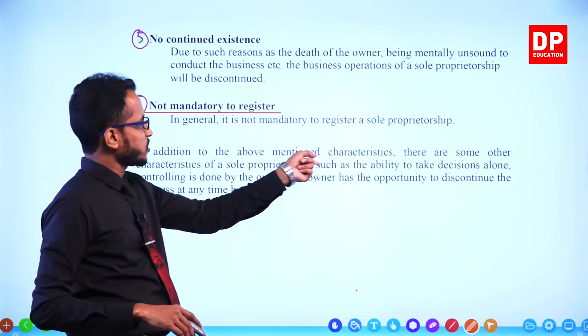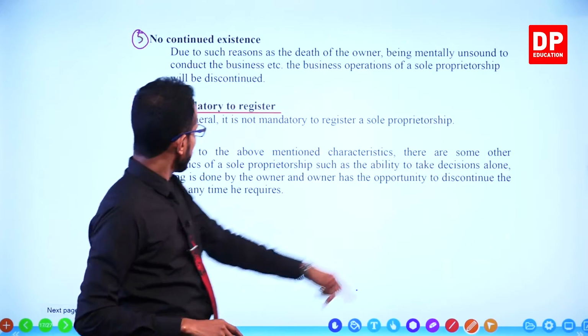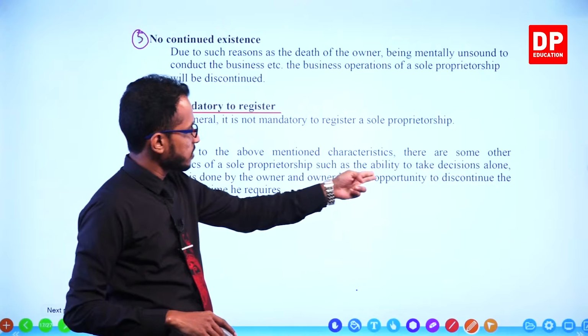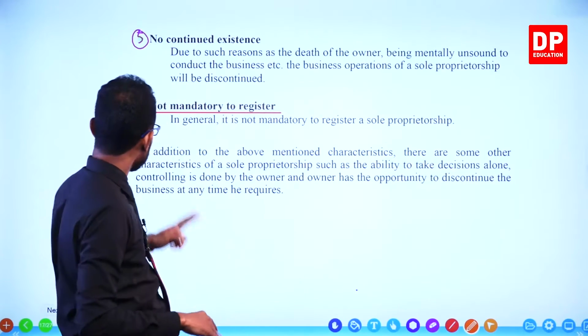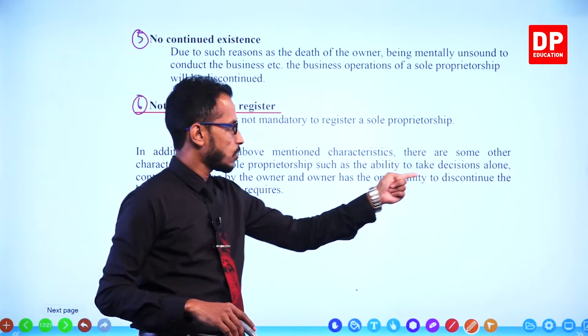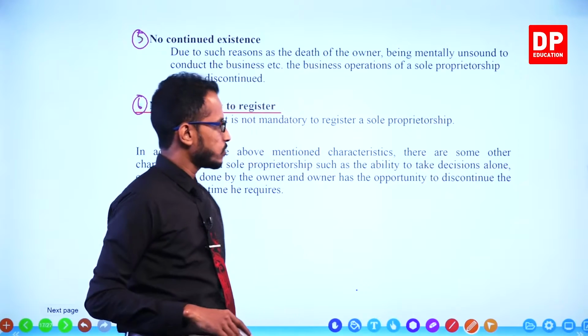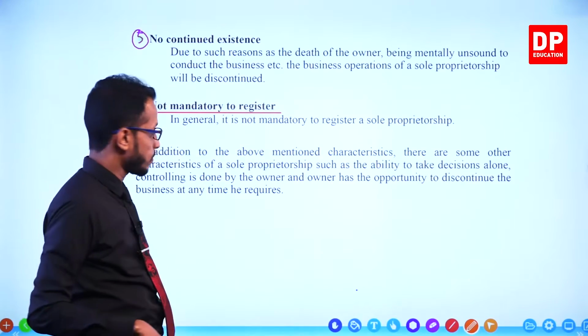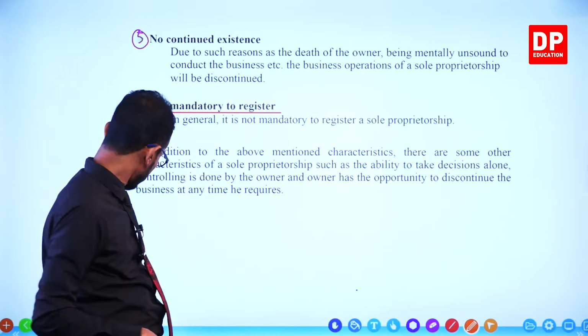In addition to the above mentioned characteristics, there are some other characteristics of a sole proprietorship, such as ability to take decisions alone, controlling done by the owner, and the owner has the opportunity to discontinue or stop the business anytime you want.